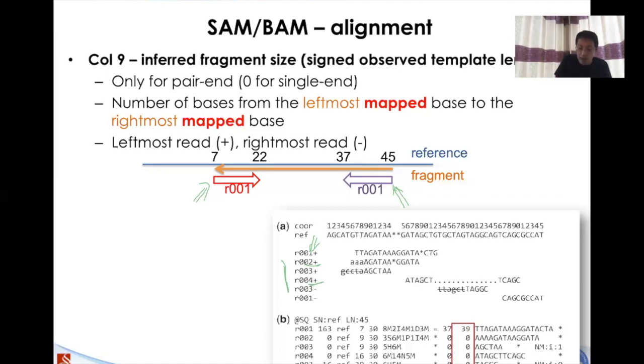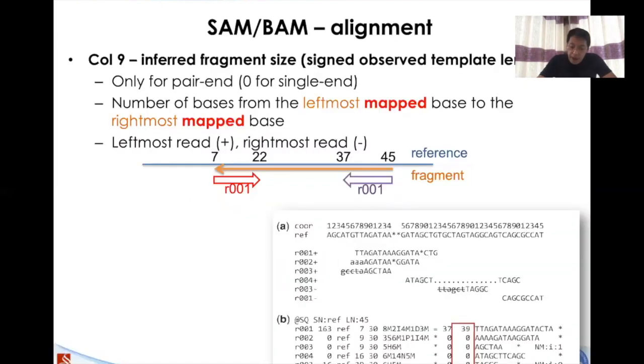And what this really tells you is the fragment size between them is 39 bases. So this tells you the fragment size of this particular sequence alignment of the original DNA molecule that you are trying to sequence. For the leftmost read, in this case R001 plus here, it is a positive number, and for the second read, it will be the negative number.